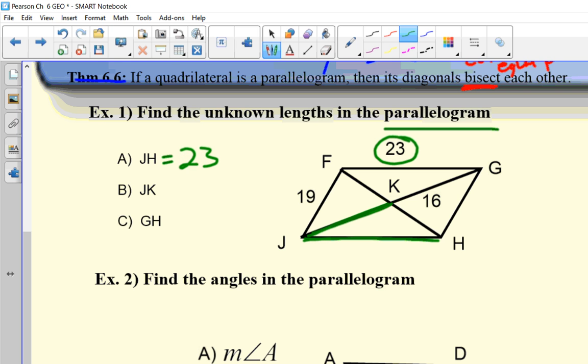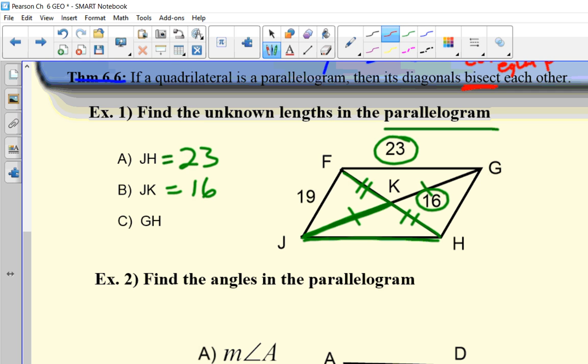And they tell me it's a parallelogram, and in a parallelogram diagonals are bisected by each other. So they're telling me that KG is 16. Well, KG is the bisected side of JK, so they must be equal by the theorem. Okay, gotta know this stuff.